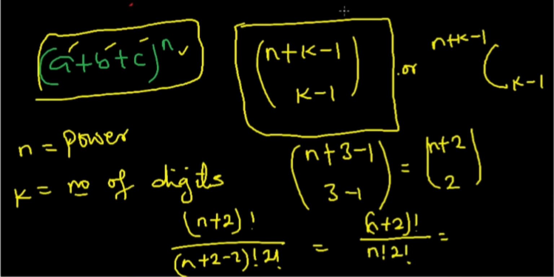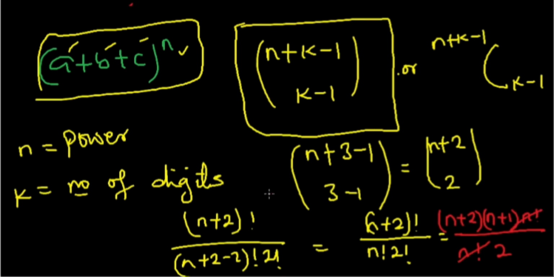And this can be written as n plus 2 times n plus 1, isn't it? The n factorial over n factorial 2 factorial is still 2, so this cancels this.